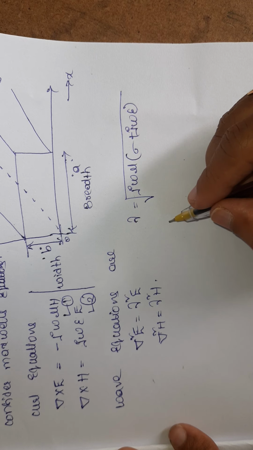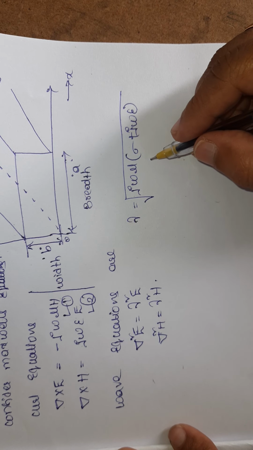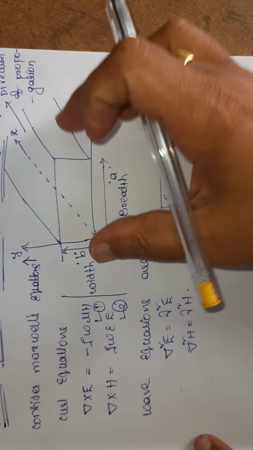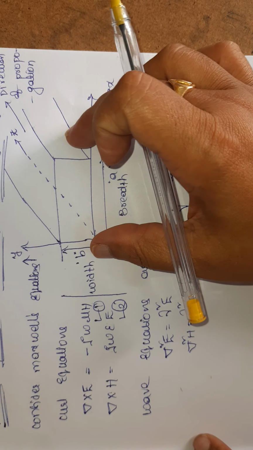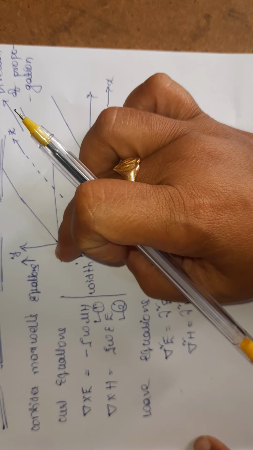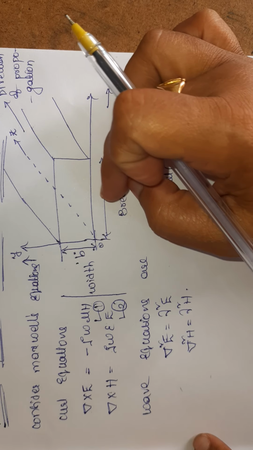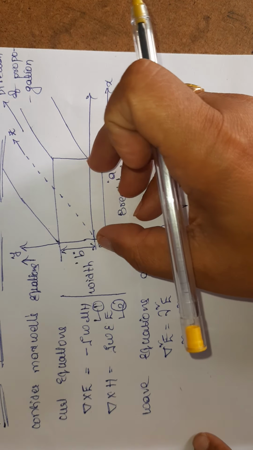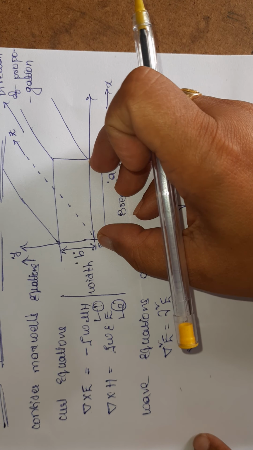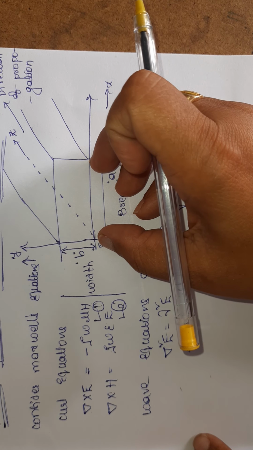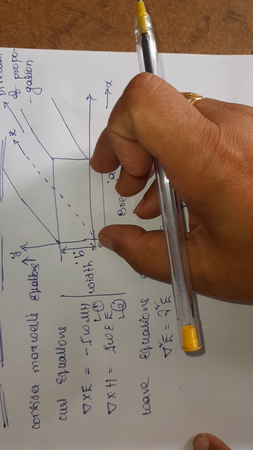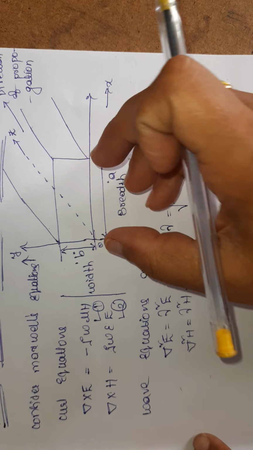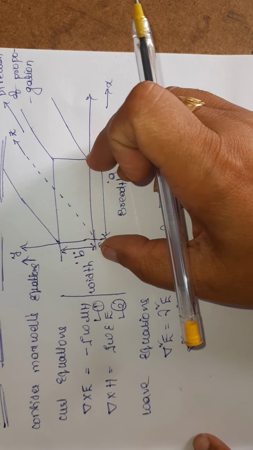Here, because it is a waveguide, the wave is restricted only along A and B, and it propagates along the direction of z. The space inside the waveguide we are considering as air, that is free space or free air.